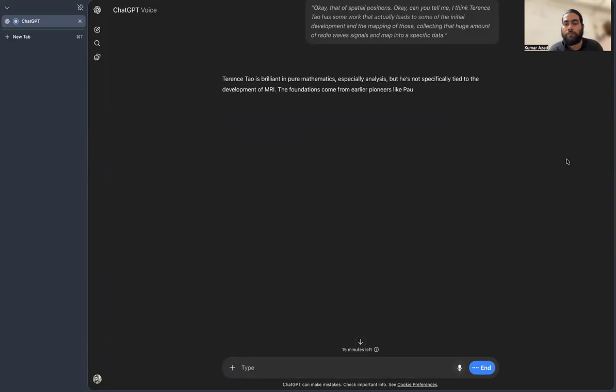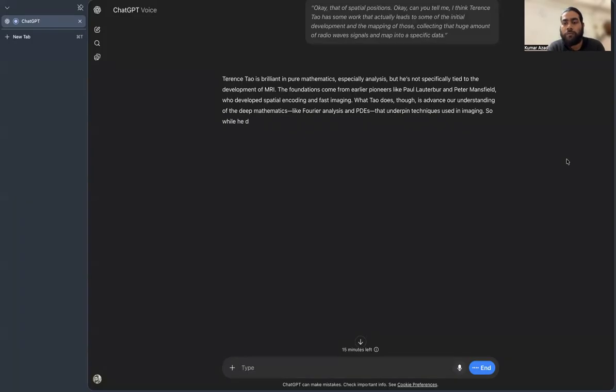The foundations come from earlier pioneers like Paul Lauterbur and Peter Mansfield, who developed spatial encoding and fast imaging. What Tao does, though, is advance our understanding of the deep mathematics, like Fourier analysis and PDEs, that underpin techniques used in imaging. So while he didn't directly shape MRI, his work enriches the math that MRI relies on.